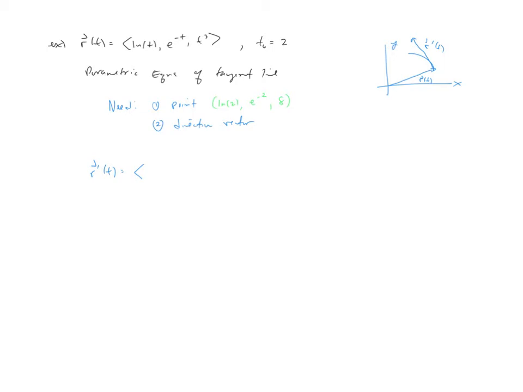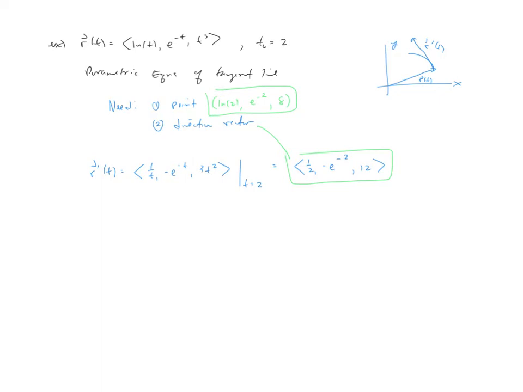So that'll give us a 1 over t, negative e to the negative t, and then 3t squared would be our derivative. I'll take this now and evaluate it at 2, which is going to give us now the vector 1/2, negative e to the negative 2, and then a 12. So this guy right here is going to be our point, and this right here would be our direction vector.